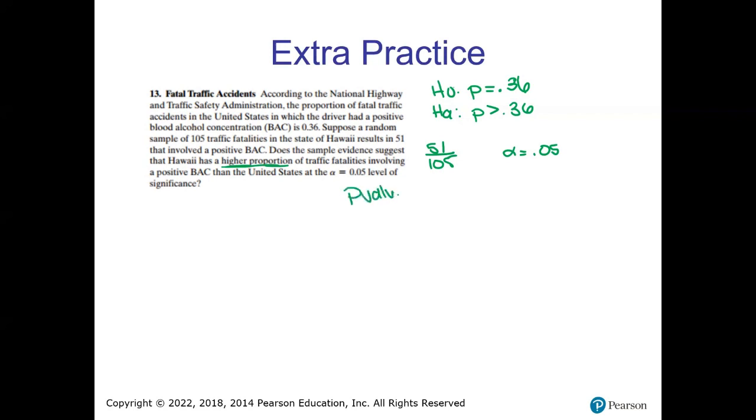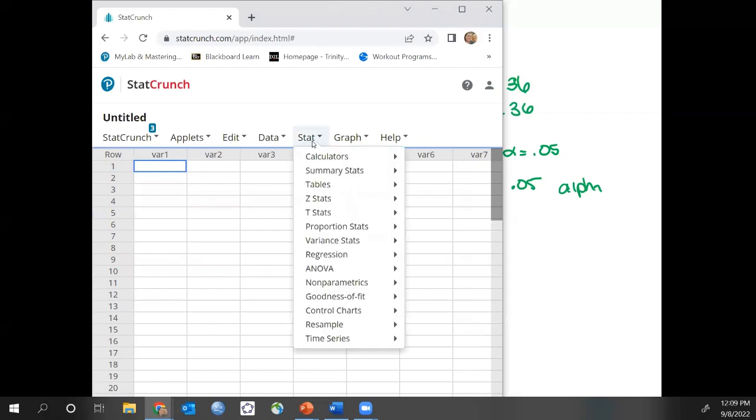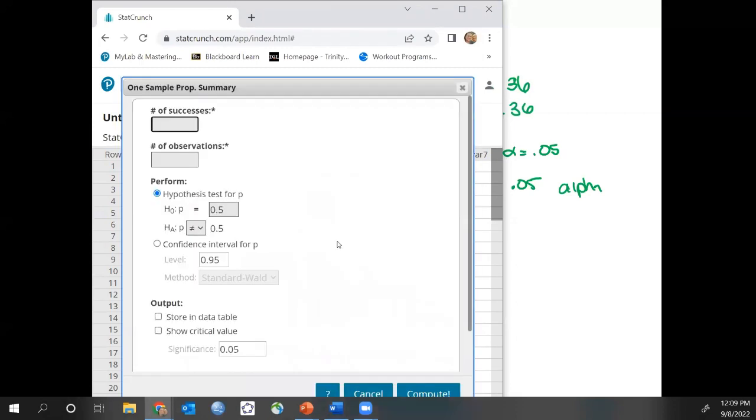We've got to calculate our p-value and compare that to alpha. So alpha 0.05, let's get our p-value. Okay, so stat, we're doing proportions, one sample, with summary.